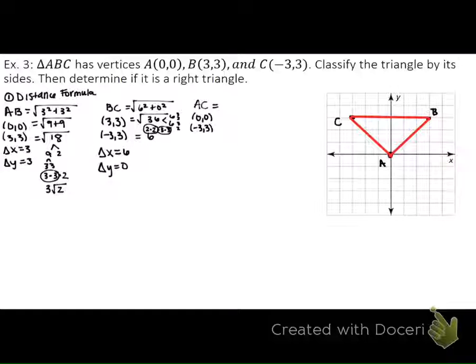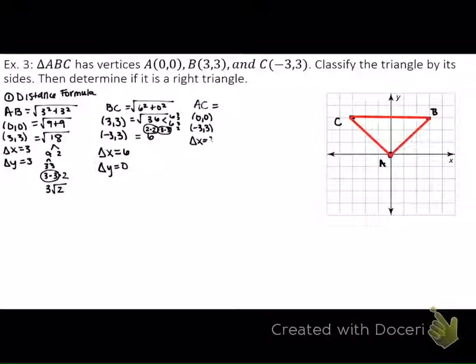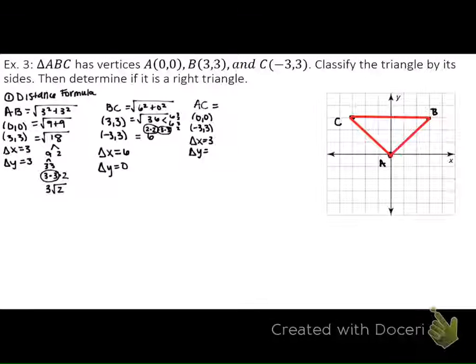Devin, what's the change in x for AC? 3. Good. And Emma, how about the change in y? Good.